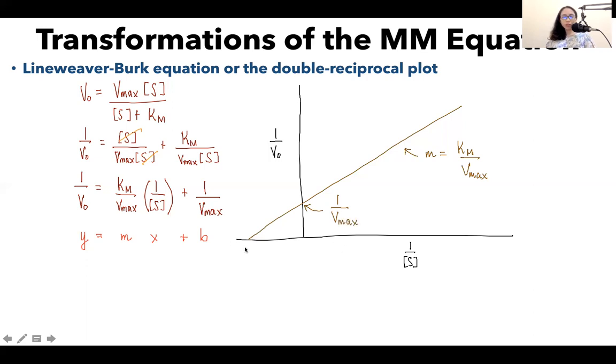And actually, the x-intercept of this equation is equal to negative 1 over Km. So instead of dealing with the hyperbolic graph, this linear form of your Michaelis-Menten equation is more convenient. Let's try using this Lineweaver-Burk equation on some data.